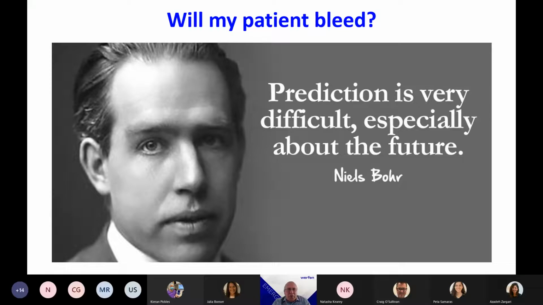One question is, for example, if we are running lab tests the day before surgery, of course, our question is, will my patient bleed? And this is a very difficult question. So prediction, that's from Niels Bohr, prediction is very difficult, especially about the future. And that's the same with lab tests, because we know that the so-called positive predictive value for standard lab tests as well as for viscoelastic testing is quite low.